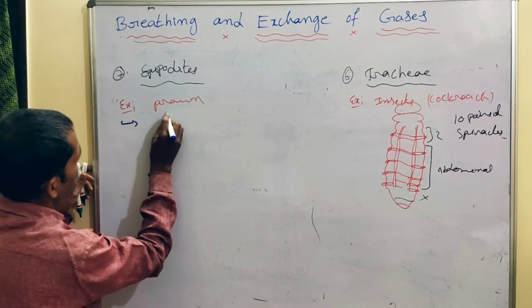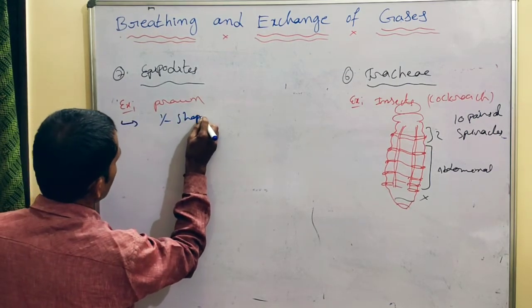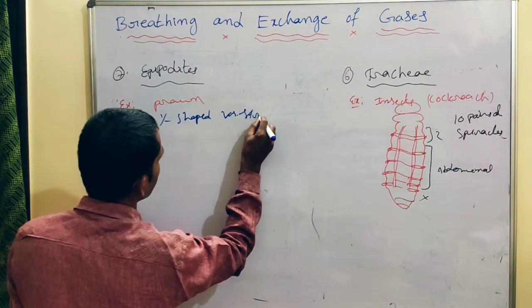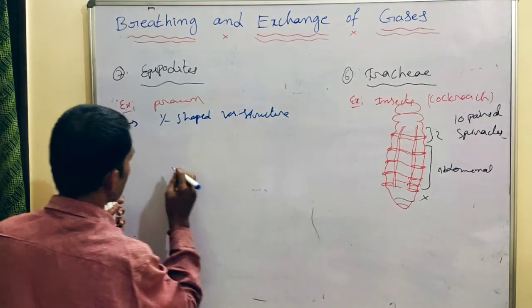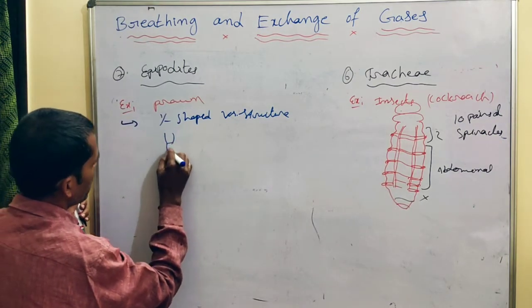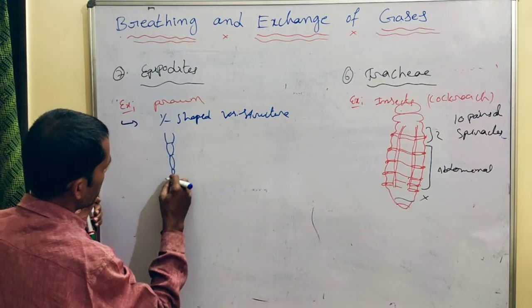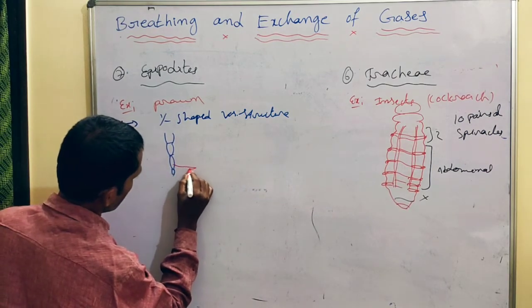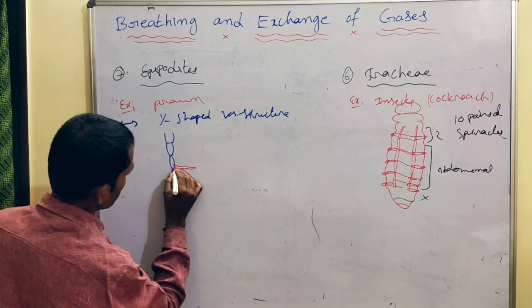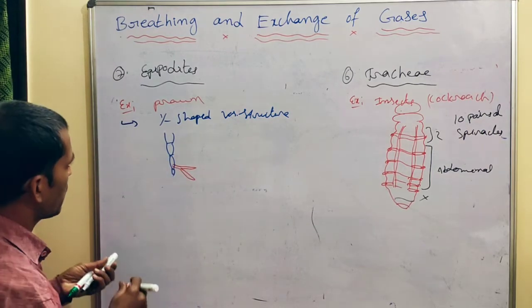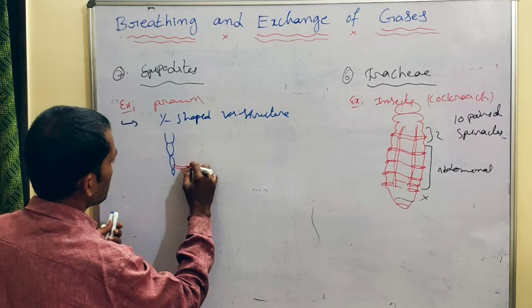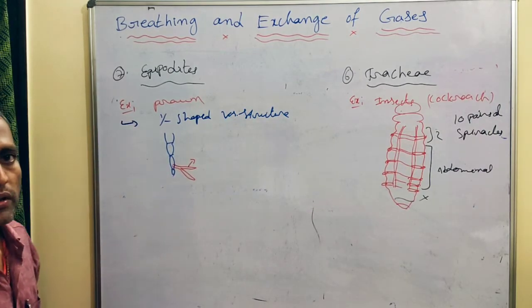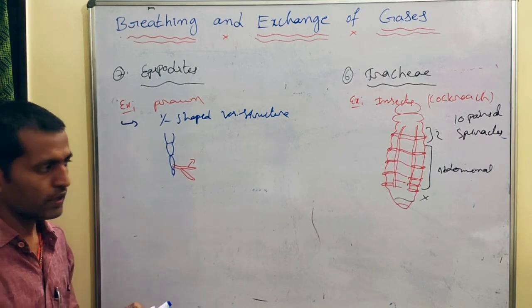This epipodite is a Y-shaped vascularized structure. This is an appendage. This Y-shaped structure emerges from the appendage and is called the epipodite. Through this structure, prawn does the exchange of gases.